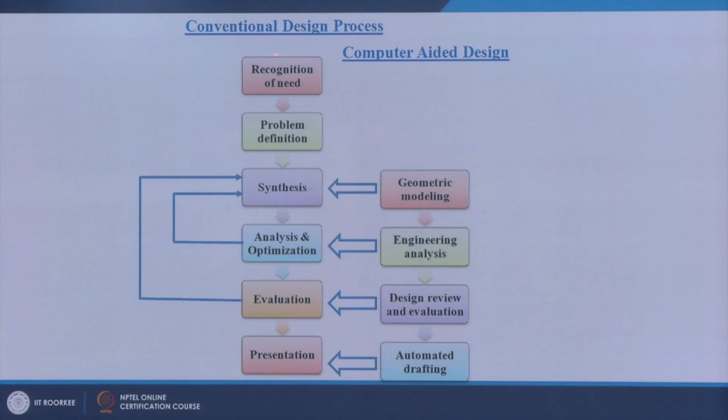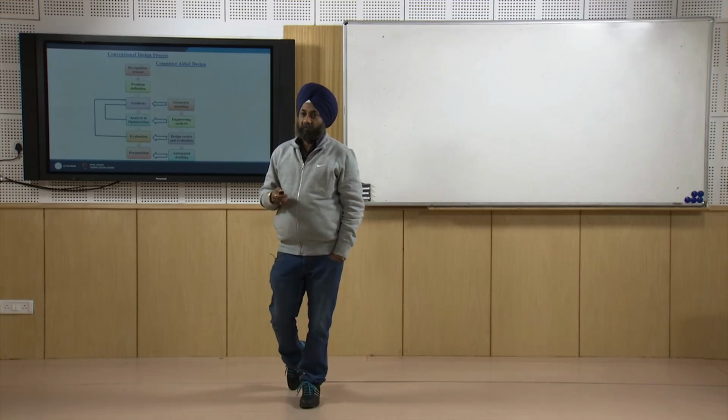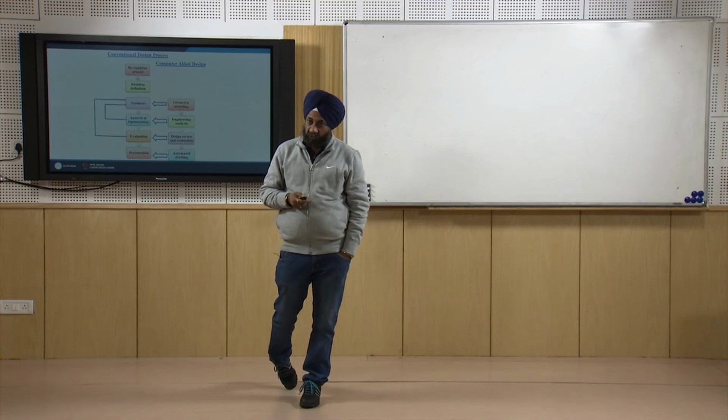Now we are comparing the conventional design process and the computer aided design process. You can see in the conventional design process, what are the various steps? Recognition of need, problem definition, synthesis, analysis and optimization, evaluation and presentation. This is the standard approach already discussed in our week 1, where we have seen the product design process.